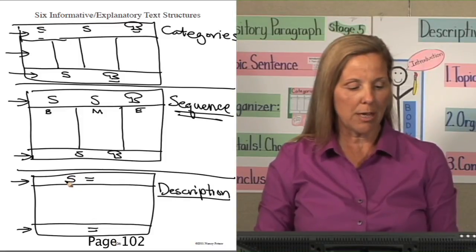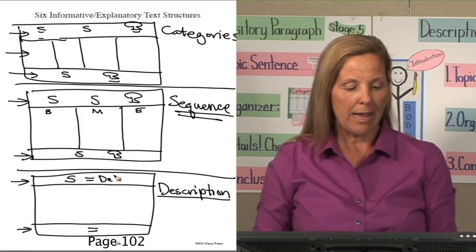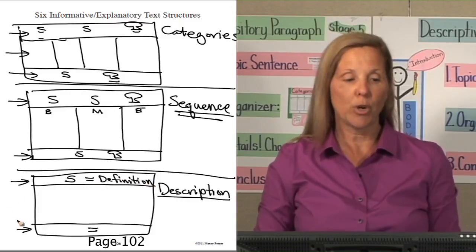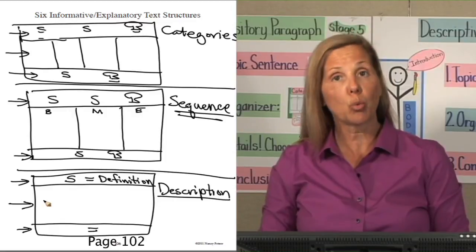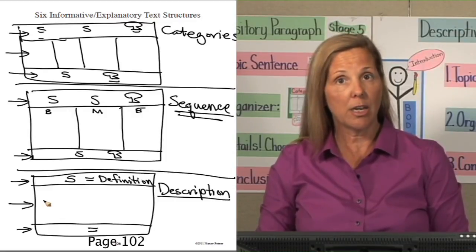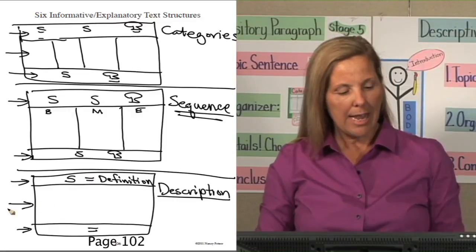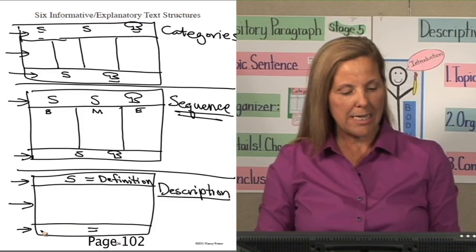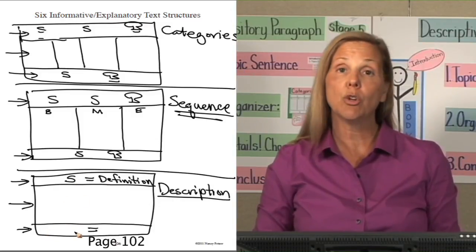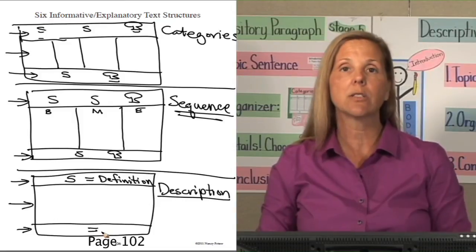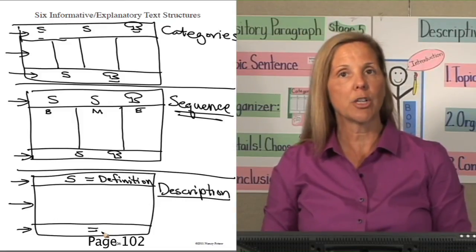You're going to take your subject and then you're going to have a definition of what that subject is before you go to the body and you describe and tell the function of that subject. At the bottom, we're going to repeat that definition, but we're going to do it in different words. So put your equal sign there so that you know that you have that as your conclusion.